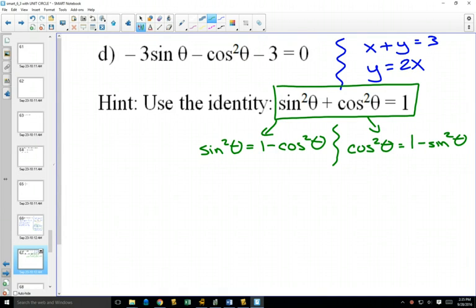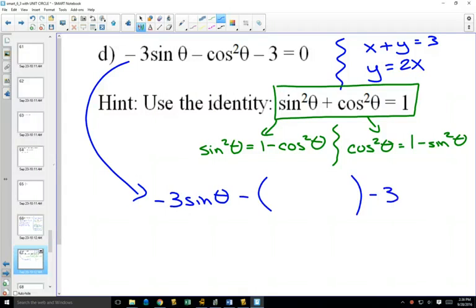The reason that's going to be helpful is because we're going to use the substitution technique and rewrite our original equation, but instead of writing cos squared, I've rewritten it except I took out the cos squared. What could I write instead of the cos squared?